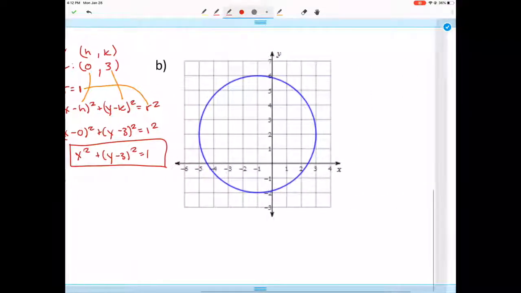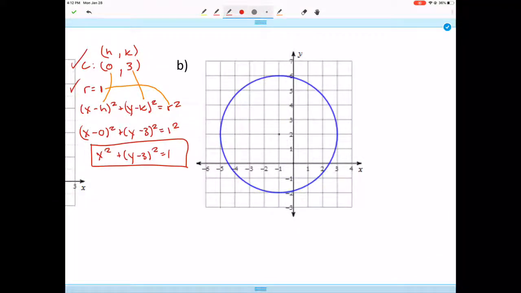Here we have a bigger circle. Our center is going to be -1, 2, because -1 would be our x, and 2 would be our y. And our radius will be how far it is from your center over to your circle. So that'd be 1, 2, 3, 4.